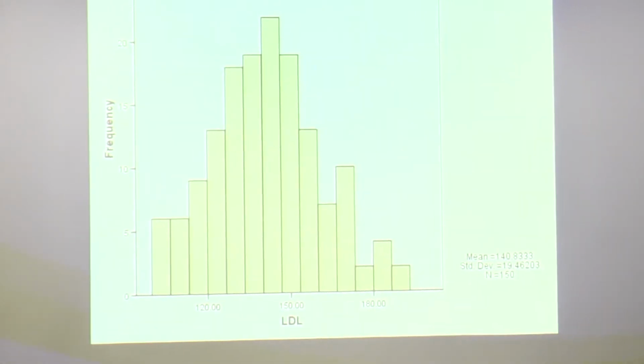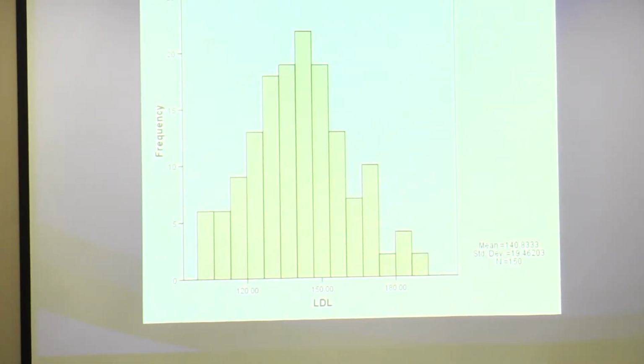Then a histogram is also useful, especially for figuring out what the shape of your distribution is. So who remembers learning about bell curves somewhere along the way? Most people think that's what statistics is about a lot of times, which it is. That's a very important piece. And so histograms are useful.